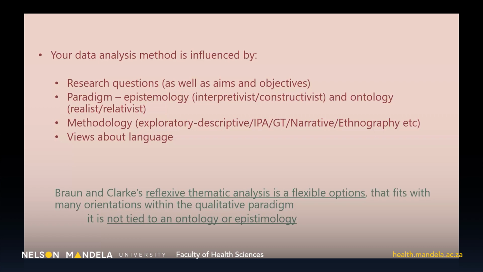I think arguably one of the most well-known forms of analysis for qualitative analysis is the one put forward by Braun and Clarke. And it's also one of the most flexible forms of data analysis that isn't too influenced by your ontology and your epistemology, right? It's very flexible for a range of forms of data analysis.